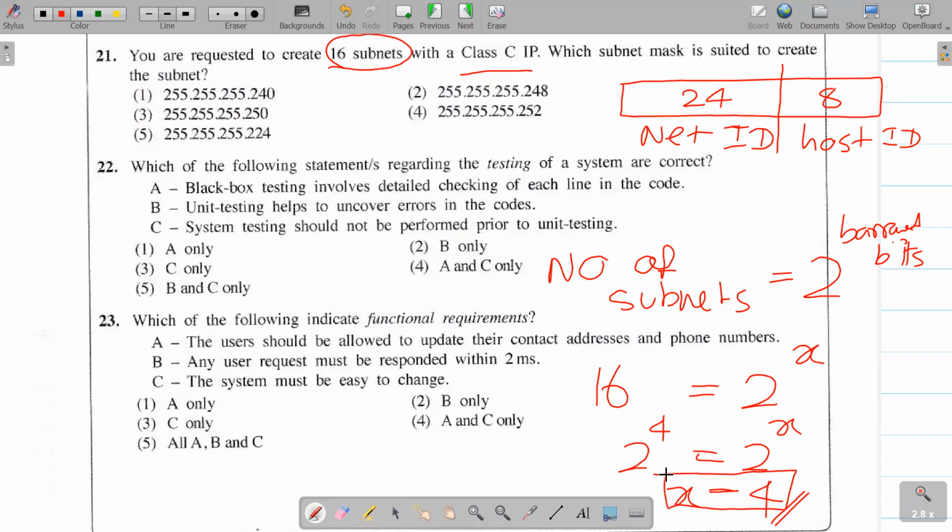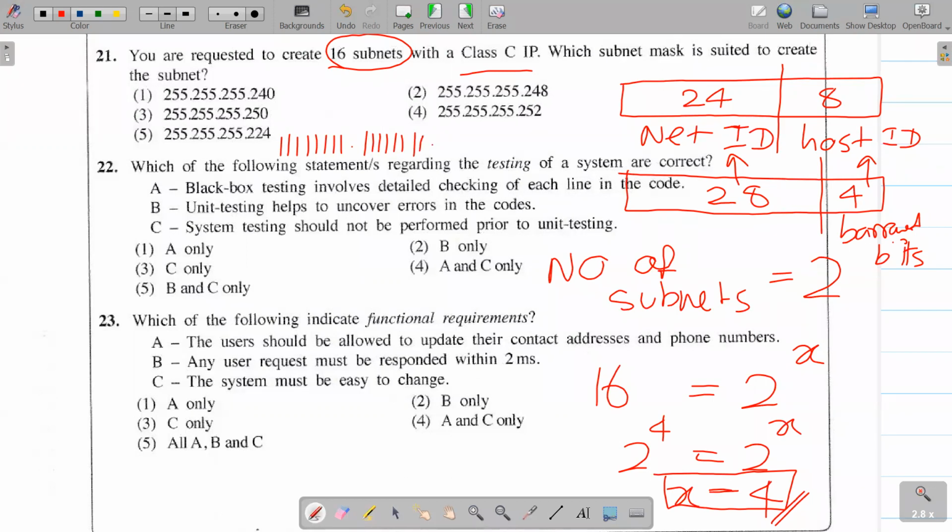When you borrow 4 subnet bits, what will happen? The new IP address is going to have 28 bits for the net ID and 4 for the host ID. Then how are we going to determine the subnet mask? There will be 8 ones in the first octet, another 8 ones in the second octet, another 8 ones in the third octet, and 4 ones in the fourth octet.